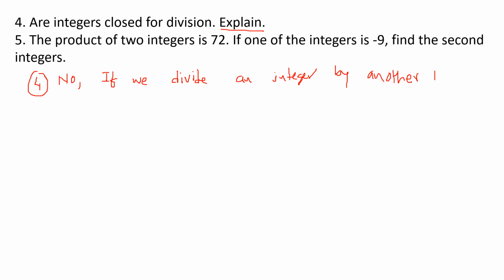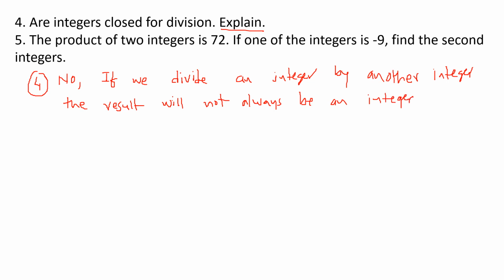By another integer, the result or the quotient will not always be an integer. Remember, sometimes it can be an integer, but it is not always an integer.